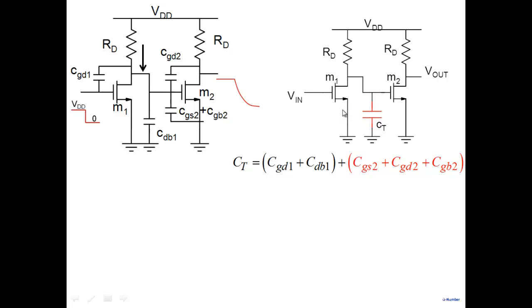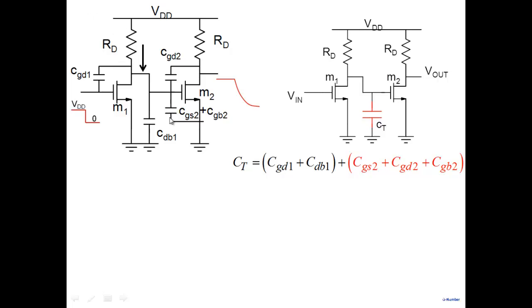What we said was the delay comes about because when I switch the input from VDD to 0, the output is supposed to go from 0 to VDD. It needs to charge this particular node, and the transistor switches off the moment you go to 0, so there is a simple R here and a C here.